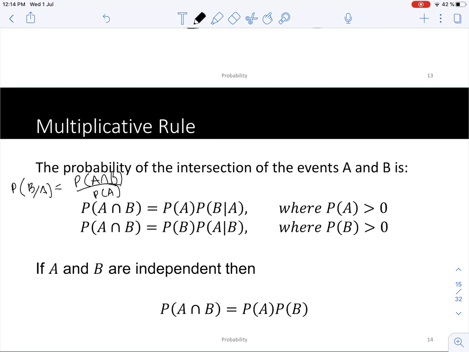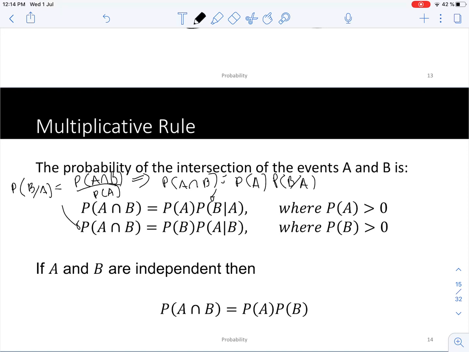So if you solve for the intersection, then you get that the probability of A intersection B is equal to the probability of A times the probability of B given A, right? This is the expression that you're getting here. Same thing, if you change the conditional, then you will get the same expression.